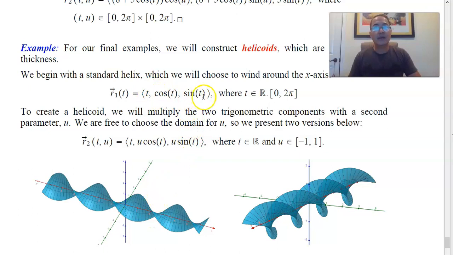Starting with the helix, you just multiply the two trig terms by u, and u can be any range that you want. Here's an example, we have -1 to 1. One way you can think about it is, where did I put my ruler?